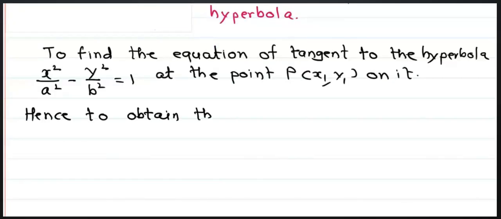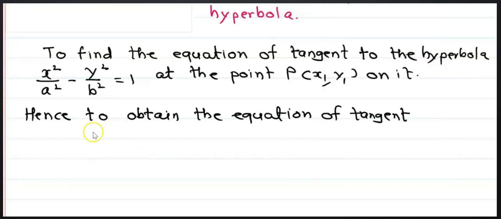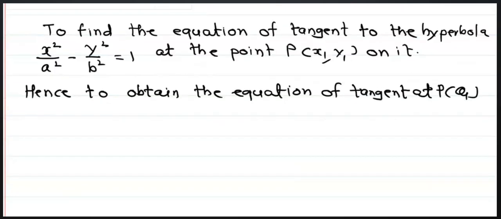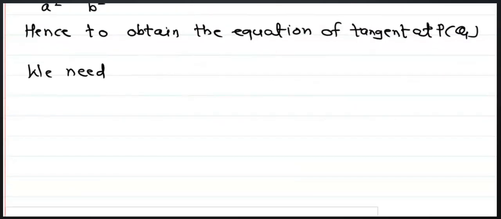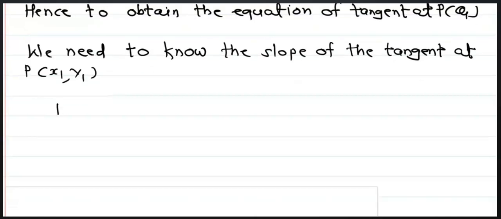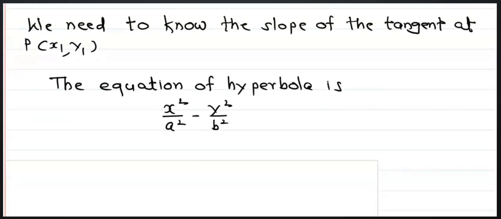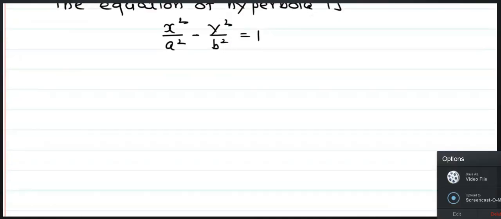Hence, to obtain the equation of the tangent at P (x1, y1), we need to know the slope of the tangent at P (x1, y1). The equation of the hyperbola is x square upon a square minus y square upon b square is equal to 1.